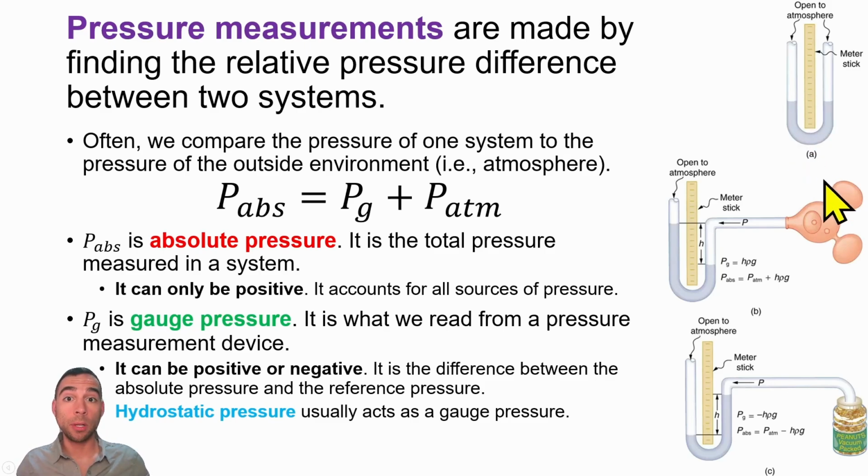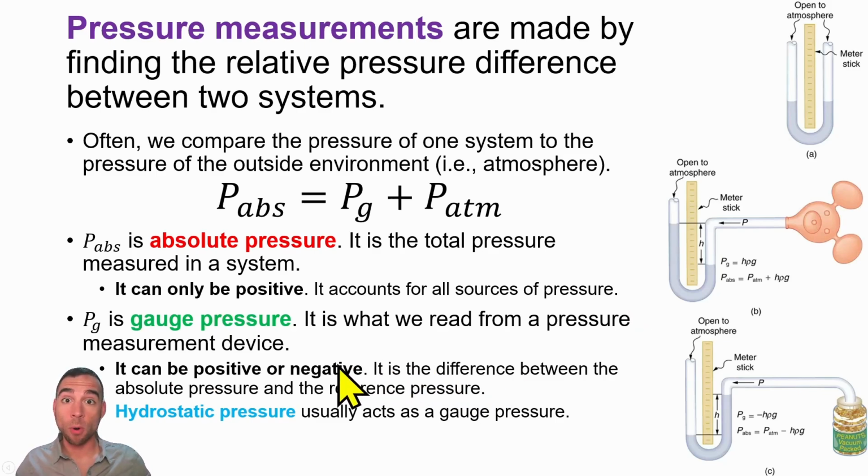However, if we put a balloon on one end and we squeeze that balloon, now we'll create a greater pressure on the right side, and that will cause the water in the manometer to move and equal out to have some difference in height between these 2 water levels. And that difference in height is a hydrostatic pressure, and we can measure it with a gauge. A gauge pressure is what we measure from a device like a tire gauge or a manometer.